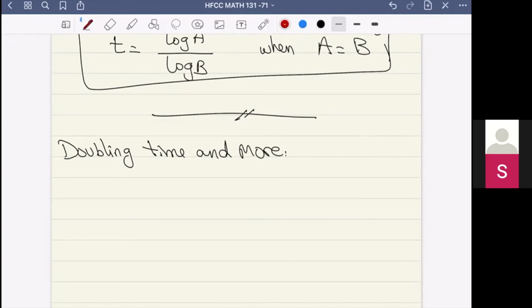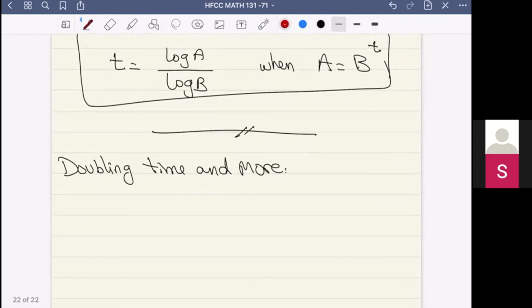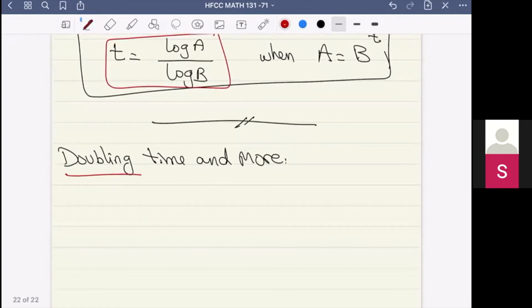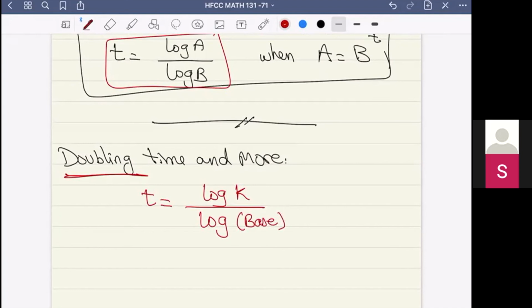As we said right here, time is log of A over log of B. Well, if it's doubling, that's a special case. So we'll have t equals, let's call it the general form, log of K over log of some kind of base. That's the general form.